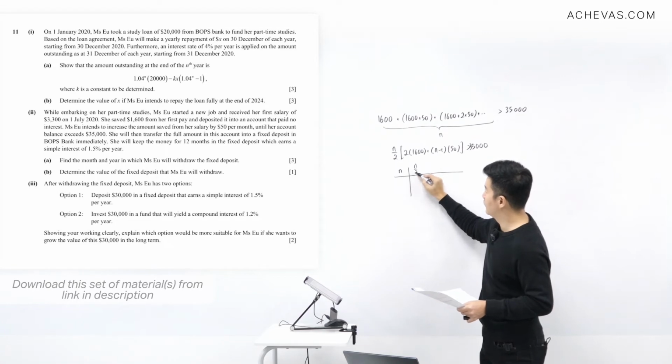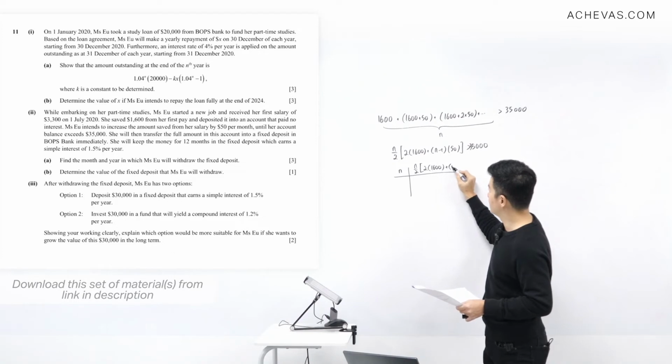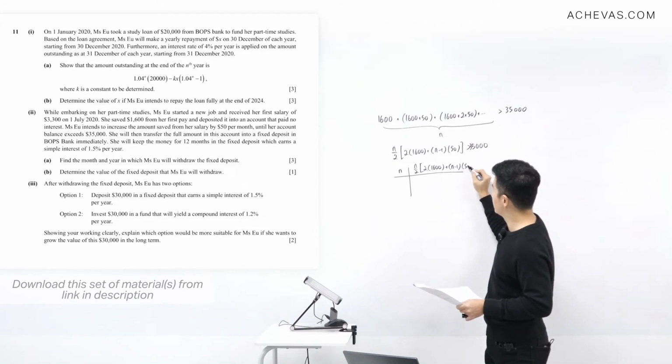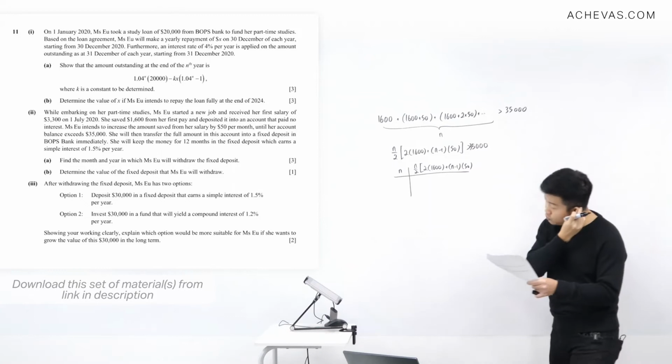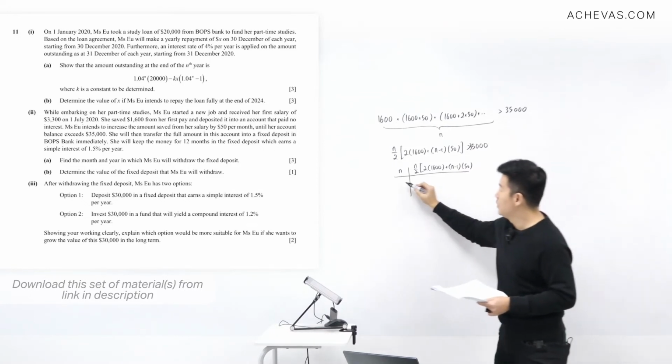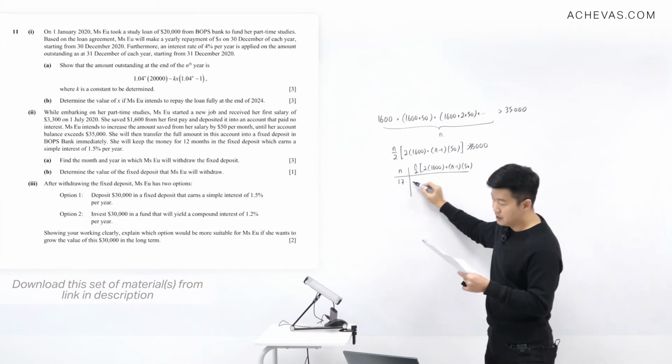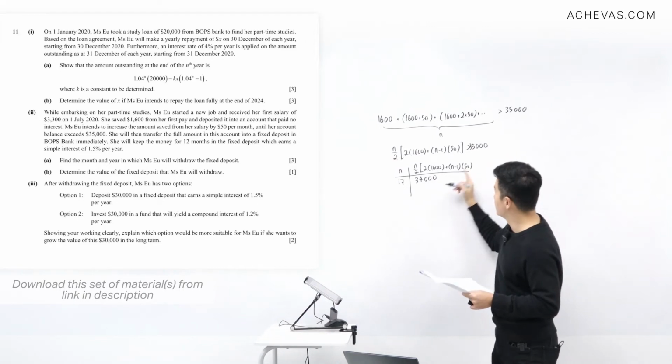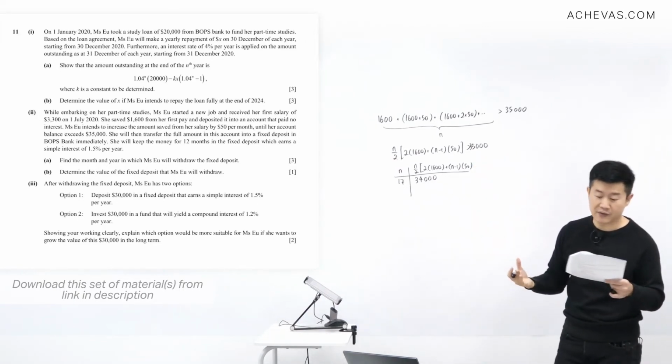So we have n over 2, let me just recopy this: 1600 plus n minus 1 times 50. If I scroll down the table generated by my calculator, when n is equal to 17, the amount she would have saved is 34,000. We are looking for something more than 35,000.